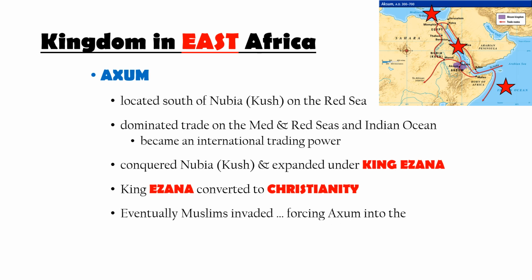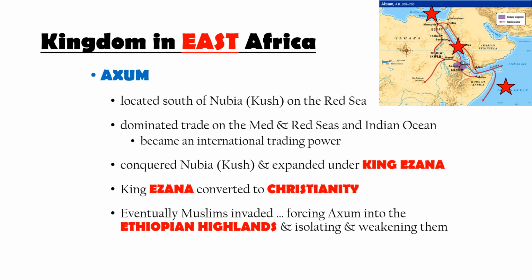It is here that eventually the people of Axum under King Ezana meet their demise as the Muslims are far greater in number. They invade, they force Axum into hiding in the Ethiopian highlands, and it is here that they become isolated and weakened.